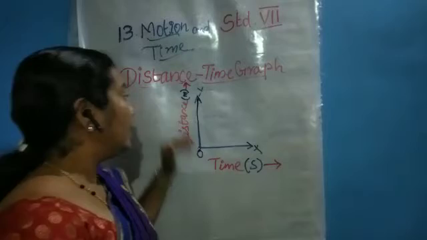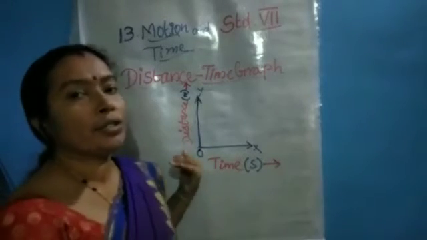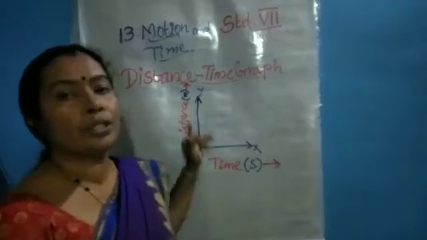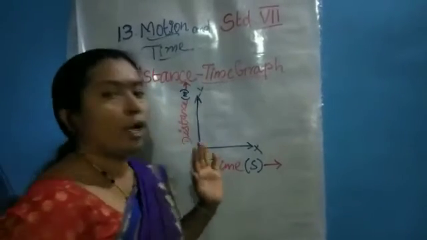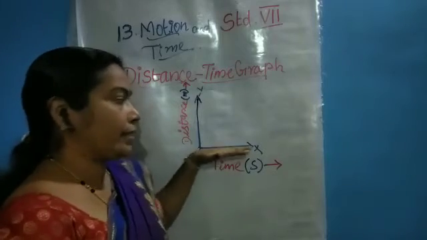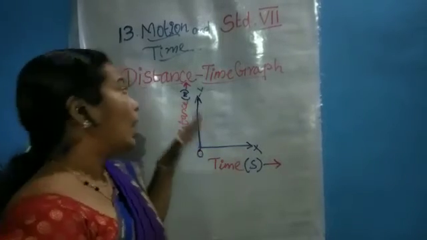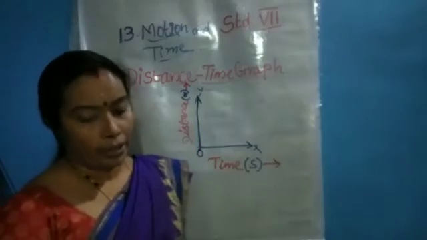Here these are physical quantities, so surely they contain units. So like this we are plotting the distance-time graph, with time in the x-axis and distance in the y-axis.